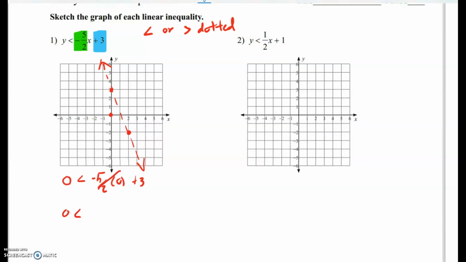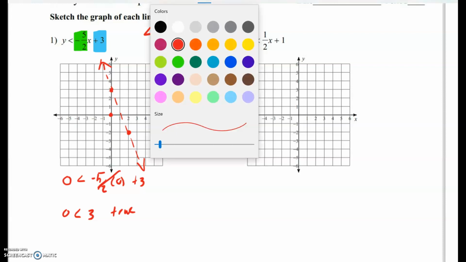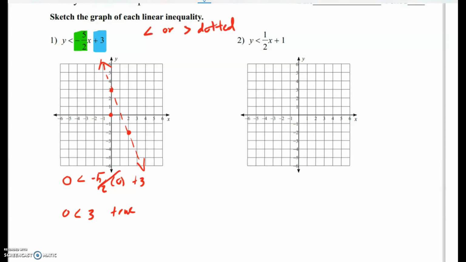So you have 0 is less than 3. Is that true? Is 0 less than 3? Yes, it is. So it should be a part of the solution set. It needs to be in the shaded region. All right? So I'm going to shade it.